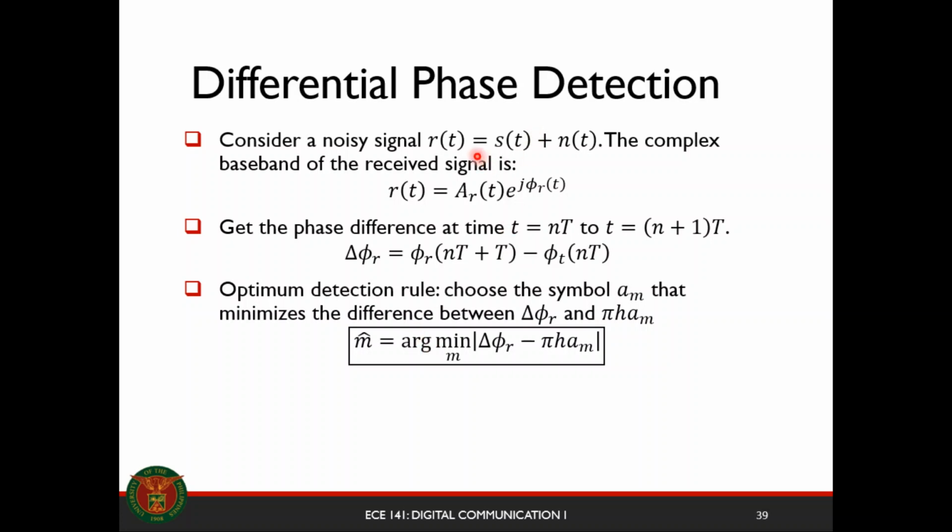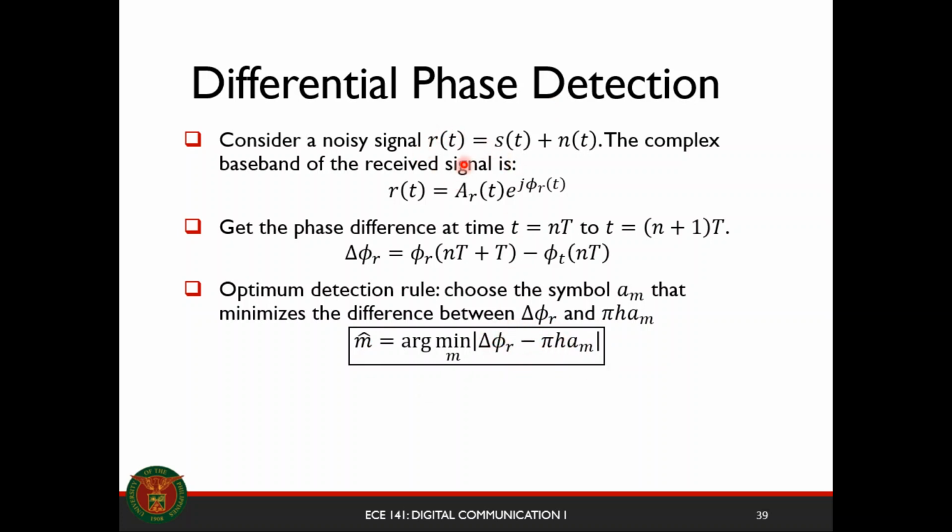So consider then your r of t, which is the corrupted transmitted signal. You get this. If you get the phase difference at time t equal to nT and the next symbol period, you get this phase difference. And by using differential phase detection, again, just the difference in phase, you select m that minimizes this expression right here.